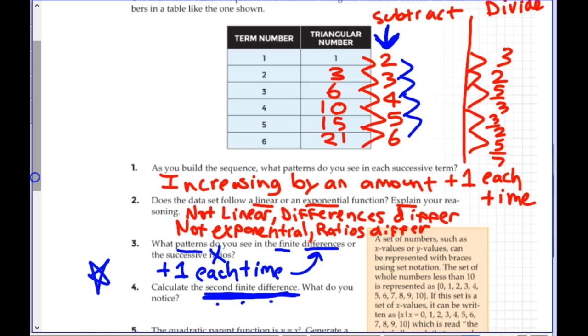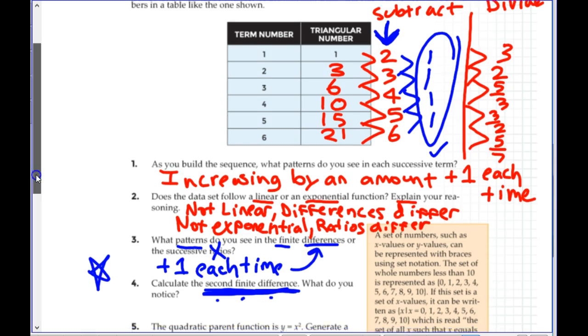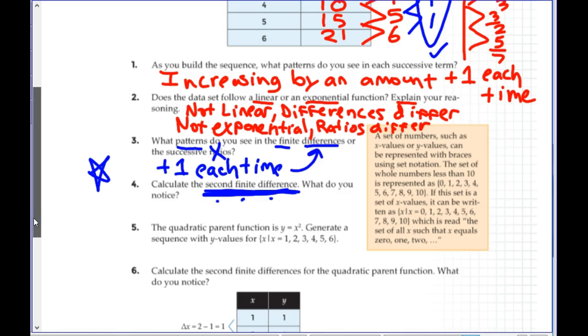So let's do this. 3 minus 2 is? And then 4 minus 3. And then 5 minus 4. And 6 minus 5. Is the second finite difference the same? Is this all the same? Yes. If the second finite difference is all the same, that is what we call today quadratic.